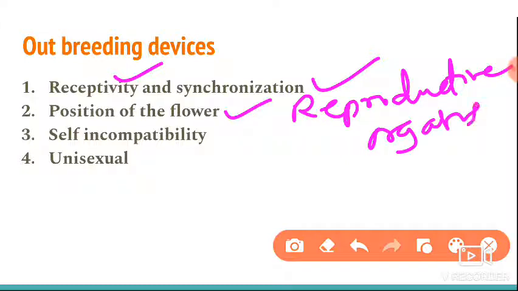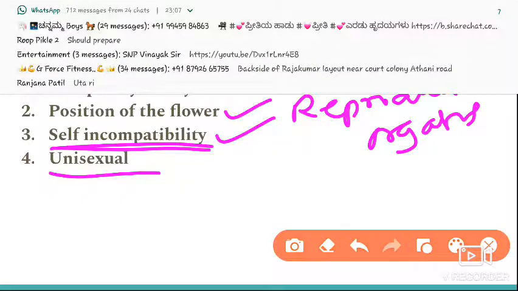Next one, self incompatibility, which is also very important. One by one we will study later. And the last one is the production of unisexual flowers.